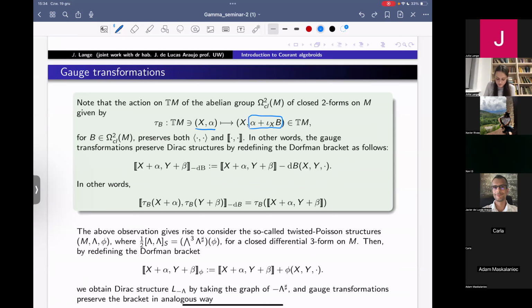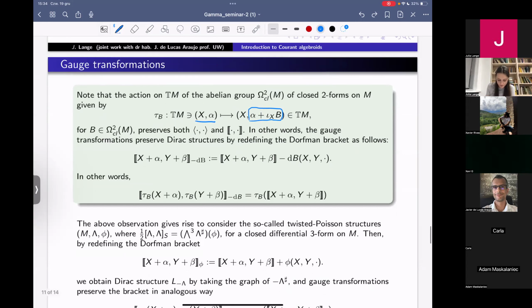So we can verify that this map preserves our bilinear symmetric form and also the bracket. So in other words, the gauge transformations of Dirac structures take us to other Dirac structures. However, we would have to redefine our Courant bracket in the following way.